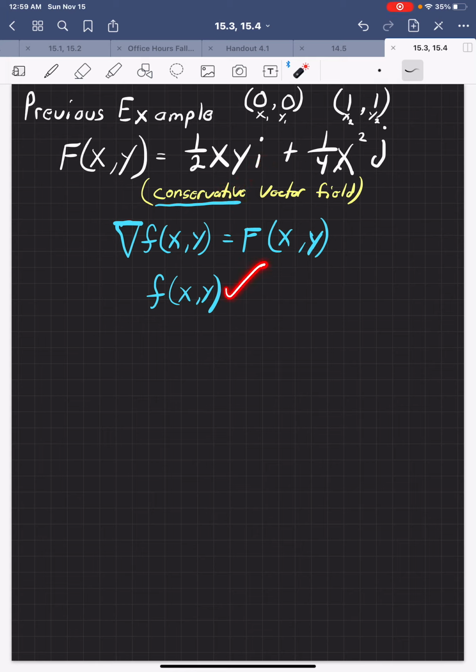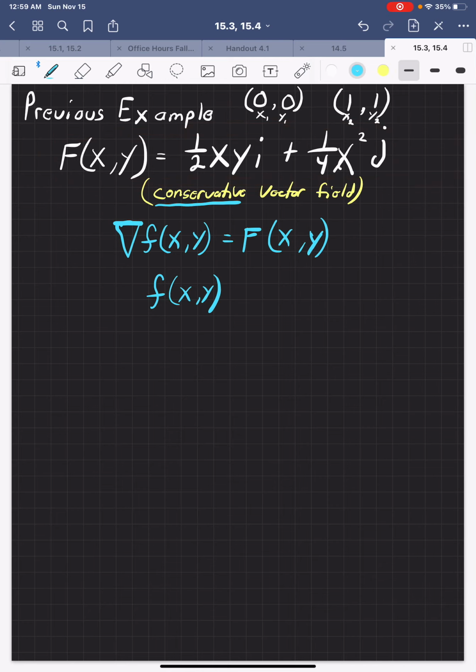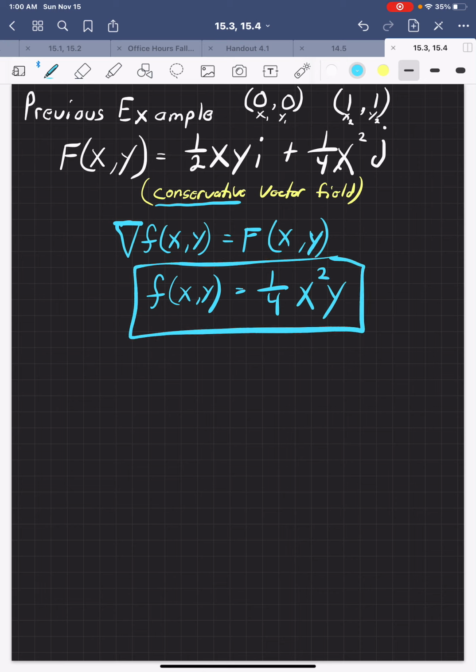So using the procedures that we used back in 15.1, we could figure out that the potential function for this vector field is 1/4 x squared y. Now, please don't lose this next point.